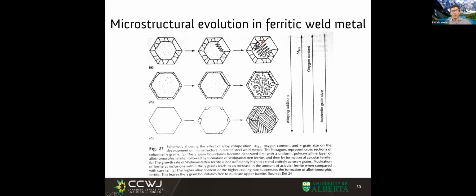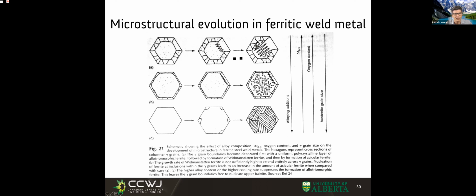As we keep cooling down and the temperatures are lower, ferrite keeps growing, and then some of the ferrite grows inside this austenite that is still untransformed. Because the transformation is at low temperatures, this ferrite that appears here is a ferrite that appears from a bainitic type of transformation. And so it's a mixture of what is called a displacive transformation that involves no diffusion, with a little bit of carbide precipitation that does involve diffusion.